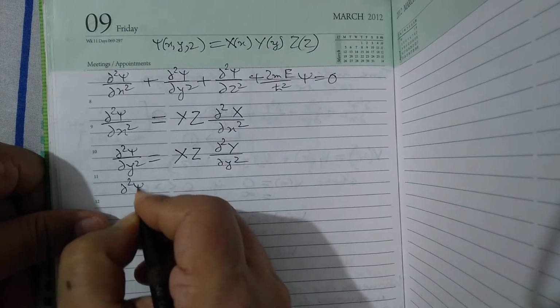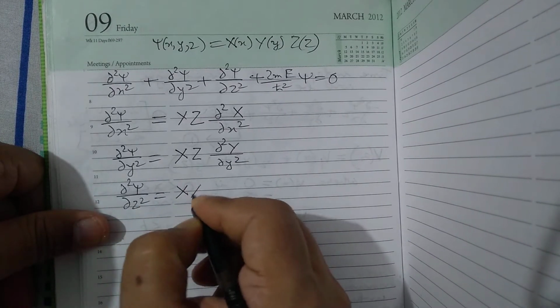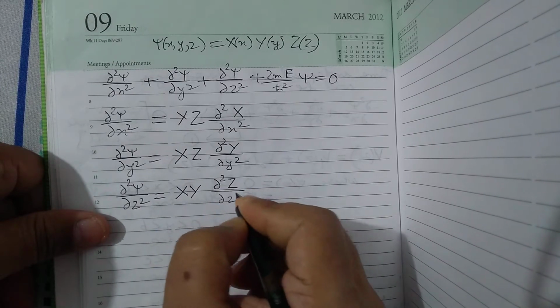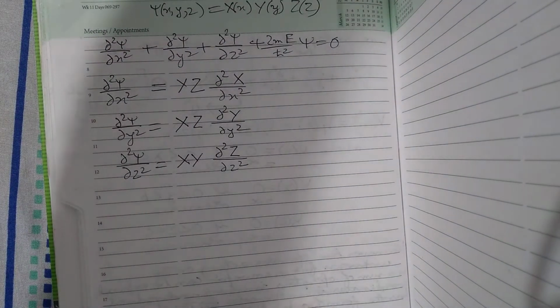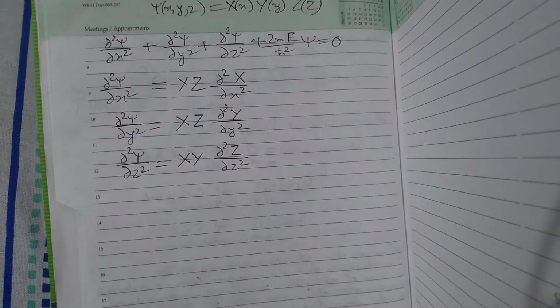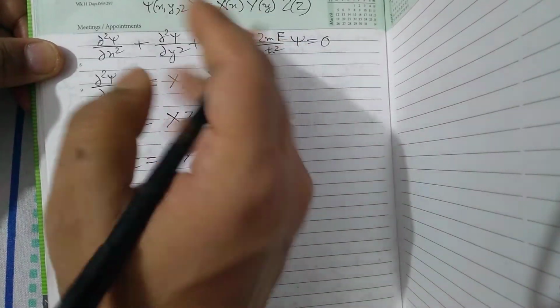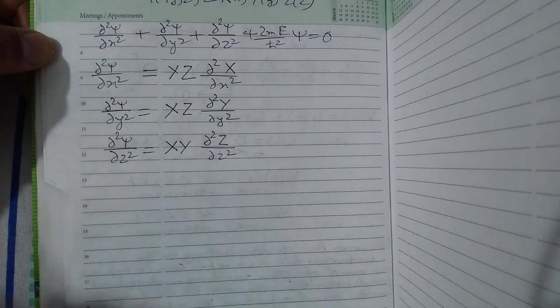Similarly, del 2 psi by del z2 will be capital X into capital Y del 2 Z by del z2. And this will be 2me by h cut square into psi.